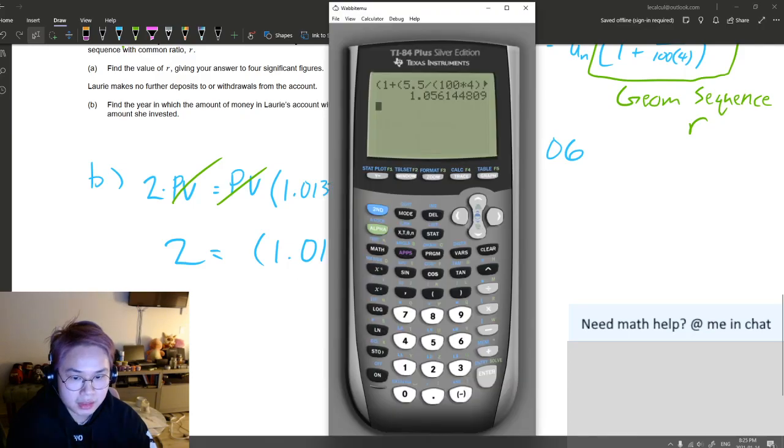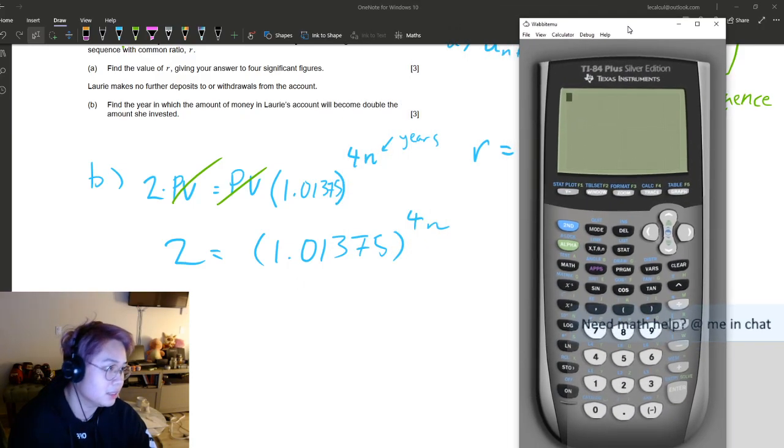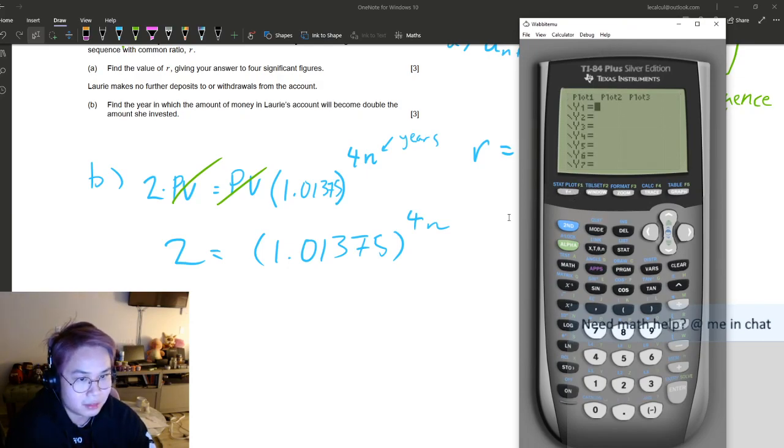So we can just go to our calculator, and you can use an equation solver. I'm not a particular fan of using the equation solver. I'd rather just graph this function. 1.01375 to the power of 4 times x. And then I'm going to find out when this value is going to be 2.